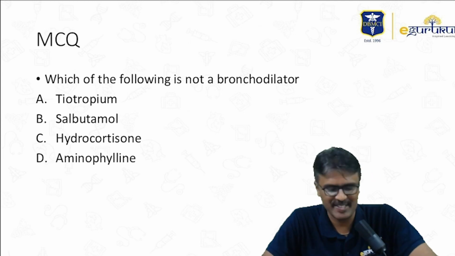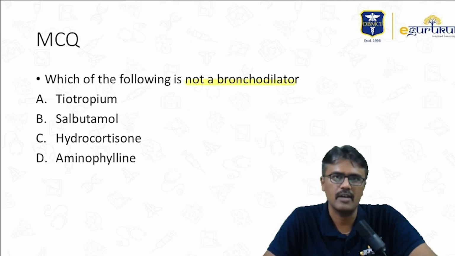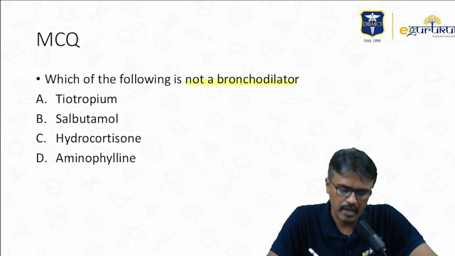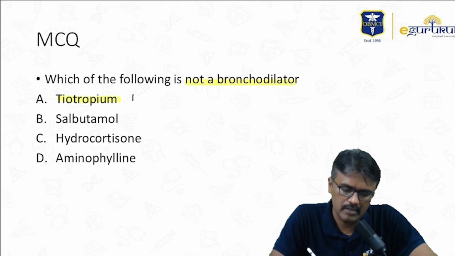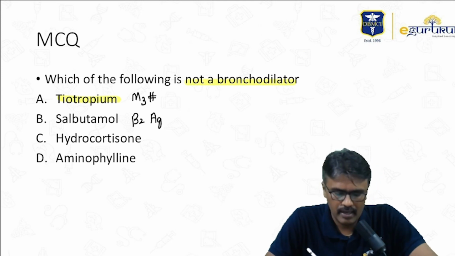Now moving on to the next question. Which of the following is not a bronchodilator? Which is a topic from bronchial asthma. Tiotropium, yes, it's a M3 antagonist, that is anticholinergic, which is a bronchodilator. Salbutamol is a beta 2 agonist, which is also a bronchodilator. Hydrocortisone is a steroid.